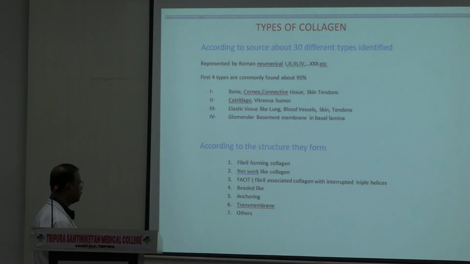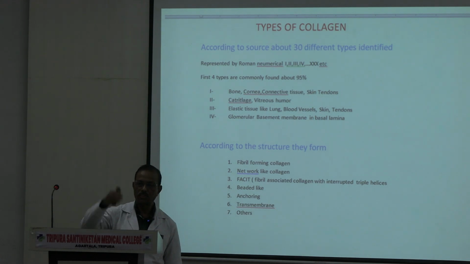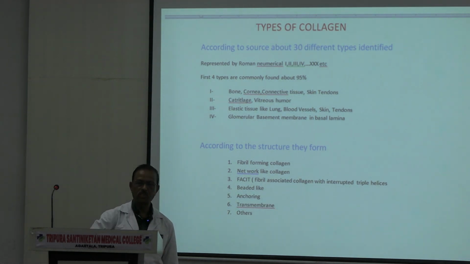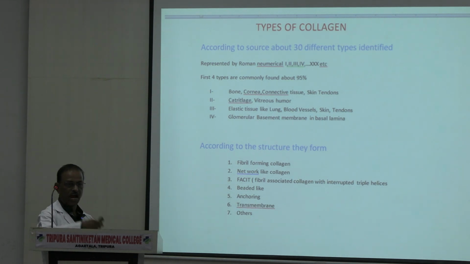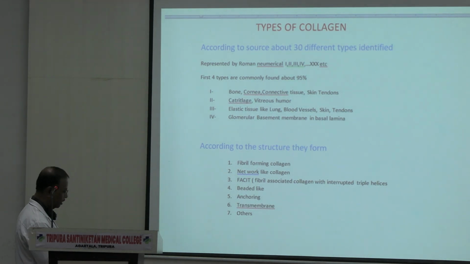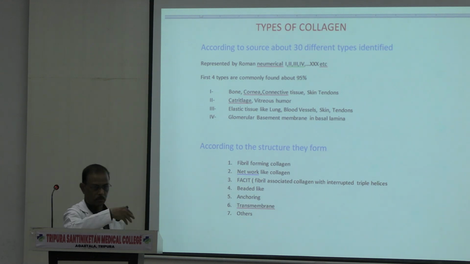Fibril-forming, these are in tendons. They are arranged longitudinally like strands. So these are fibril-forming. Network-like collagen will create a mesh-like thing.